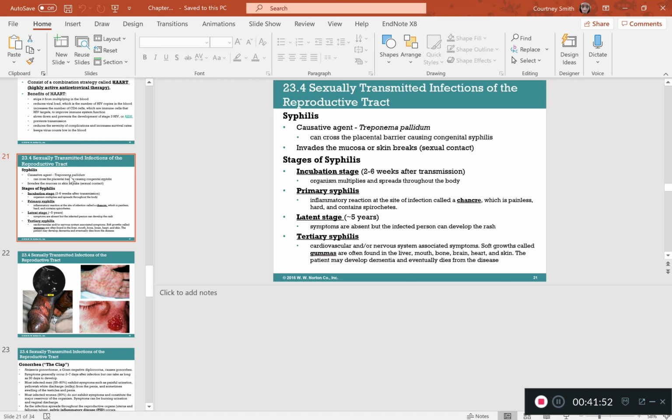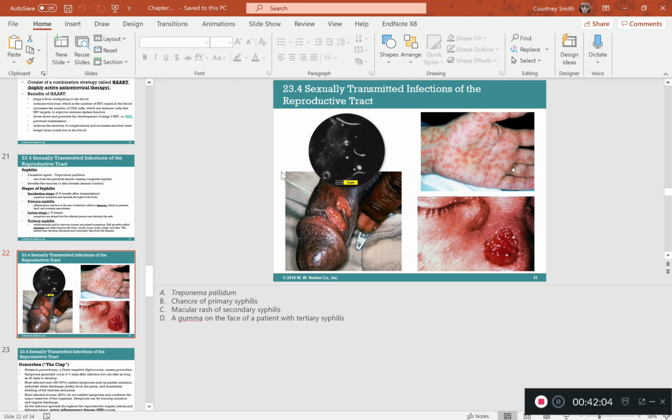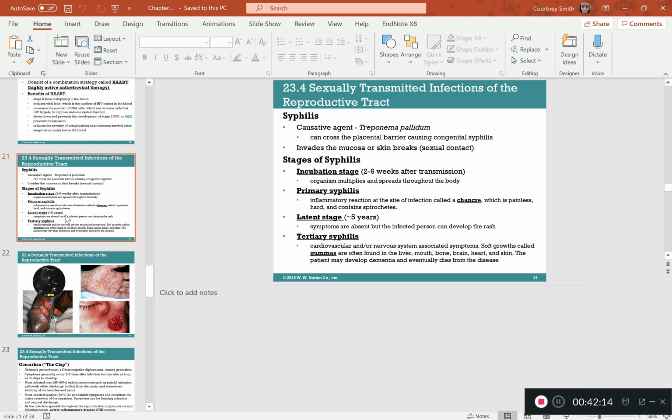And if you were to take a culture of that, you will actually see the bacteria, which has a spiral shape. It kind of looks like this. All these little spirals are what will be present if you were to take a culture of the lesion. And then you have latent syphilis.